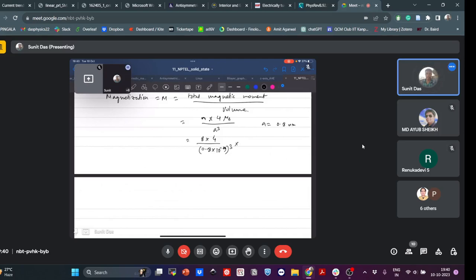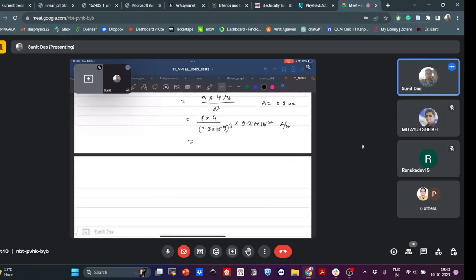Bohr magneton is 9.27 into 10 to the power minus 24 ampere per meter squared. So this will come out to be 579.375 into 10 to the power 3 ampere per meter. So this is the magnetization. This is another answer.